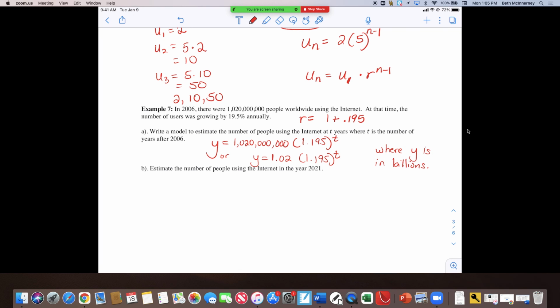So then part B says, estimate the number of people using the internet in the year 2021. Well, t is the number of years since 2006. So we're going to take 2021 minus 2006. How many years is that? 15. So then watch. And I'm going to use the condensed formula.